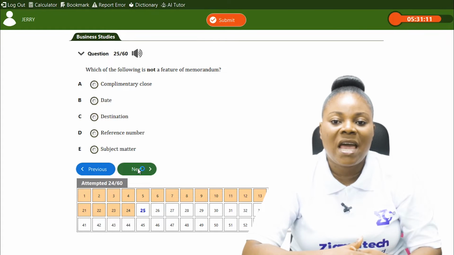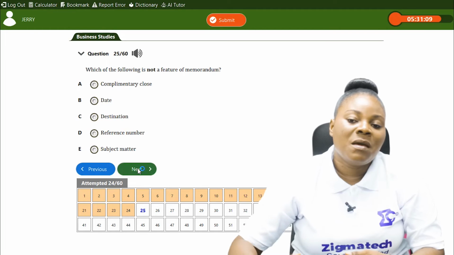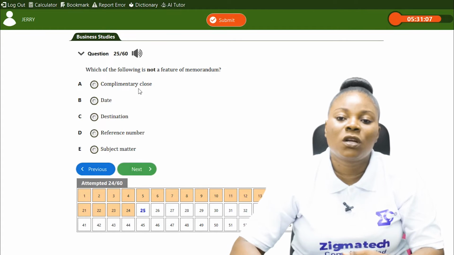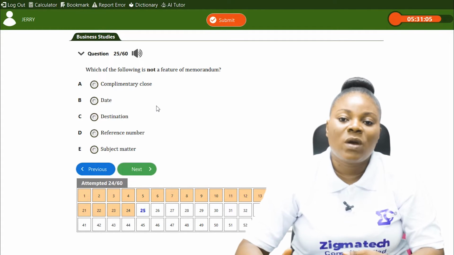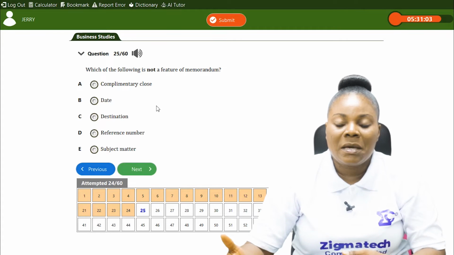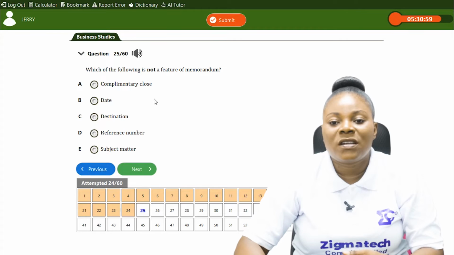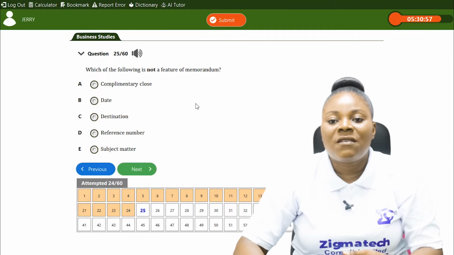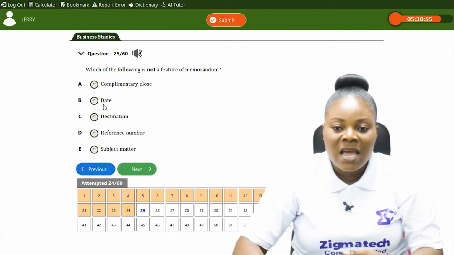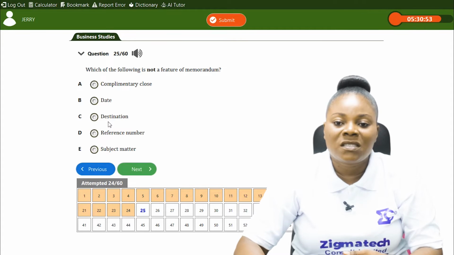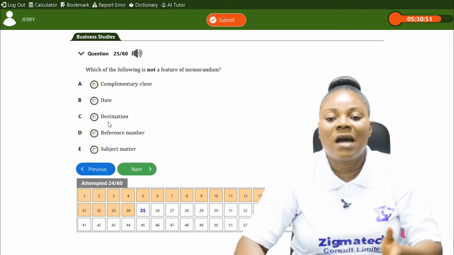E, subject matter. A memorandum has a complementary clause. That is what is used to end your letter, like yours faithfully. That's what we refer to as a complementary clause. Every memorandum must have a date. Every memorandum must have a destination. We have from and to.